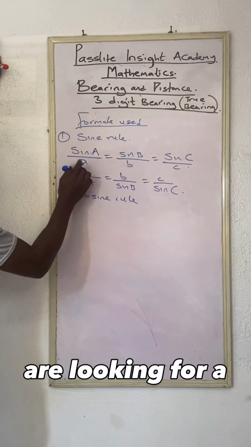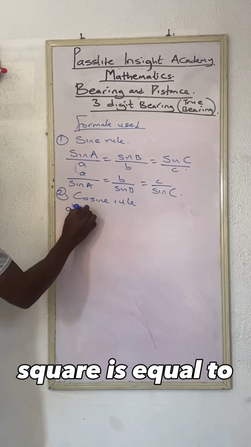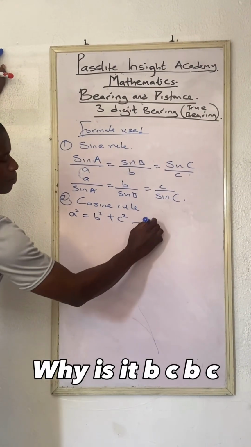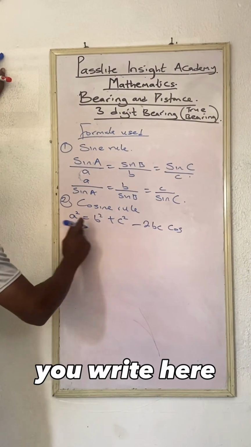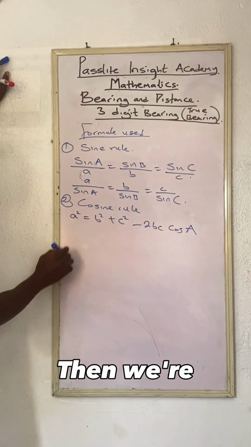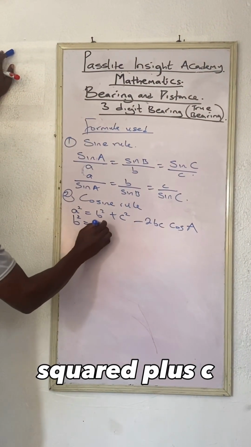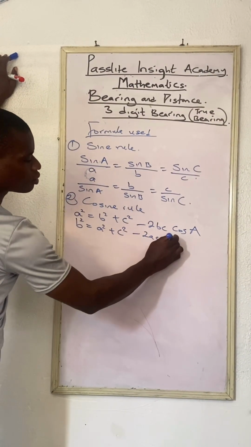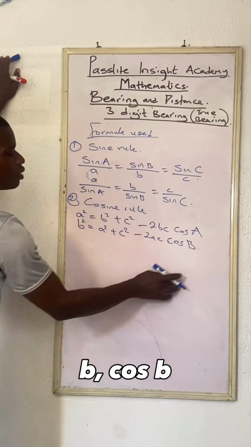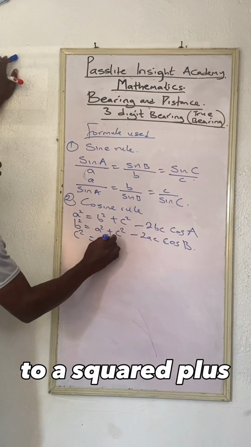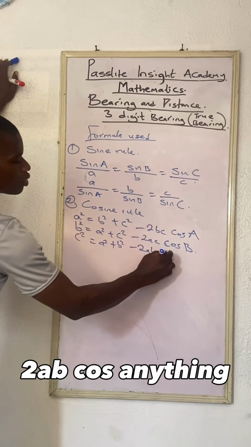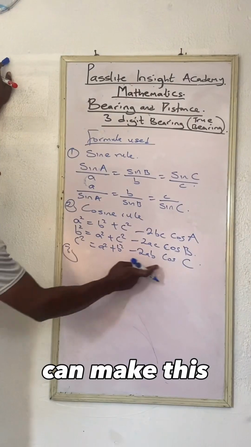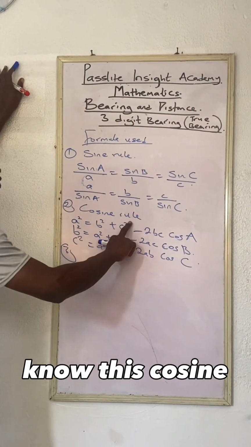So if I am looking for A, A squared is equal to B squared plus C squared minus 2BC cos A. Then B squared is equal to A squared plus C squared minus 2AC cos B. And C squared is equal to A squared plus B squared minus 2AB cos C. So that is the formula. You can use this sort of formula in any question, but just know this cosine rule.